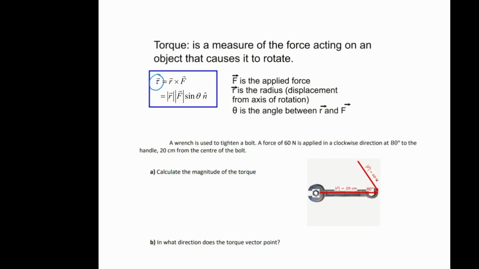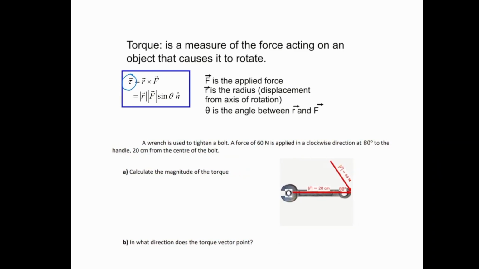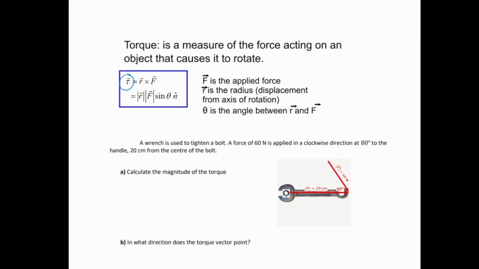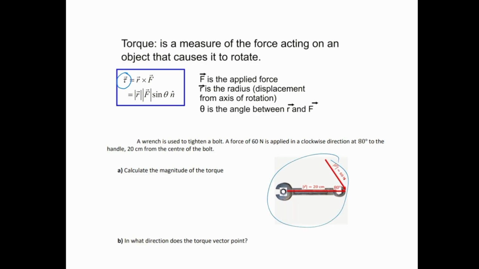So to get torque, it is the cross product between the force and the torque arm. So we need to put a little definitions around what this means. So the force is just the force that's applied. If we take a look at this example just down here, we can see that we have a wrench. It is around a bolt, and we have a force being applied.